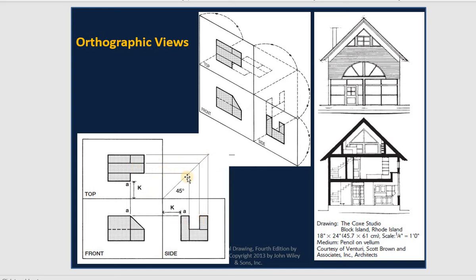This is how you draw the side view. You stay right here and look at this one. You draw a line like this at 90 degrees, and after that you draw a vertical line like this when you transfer the line.